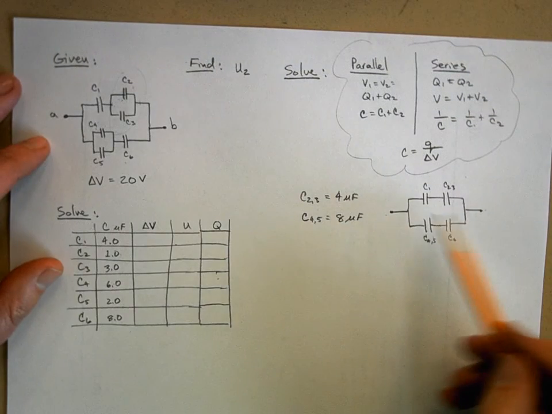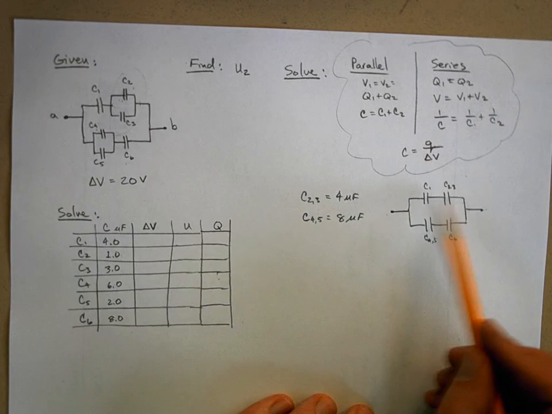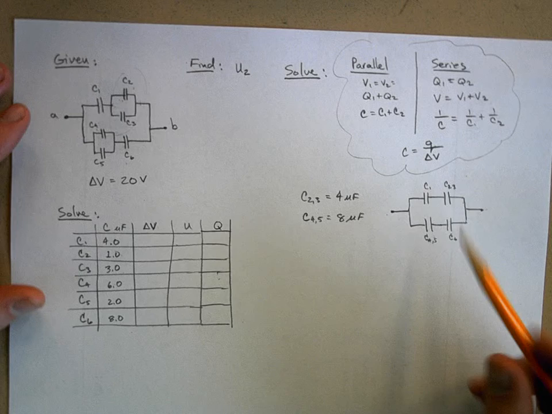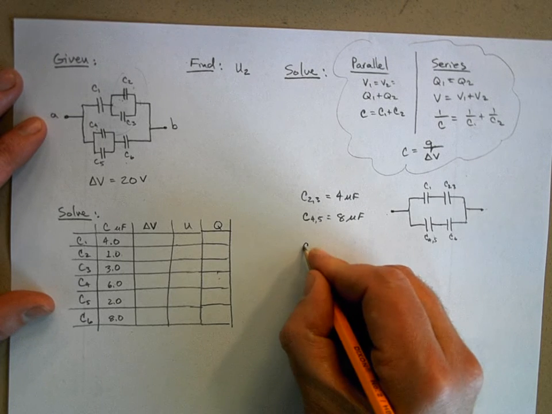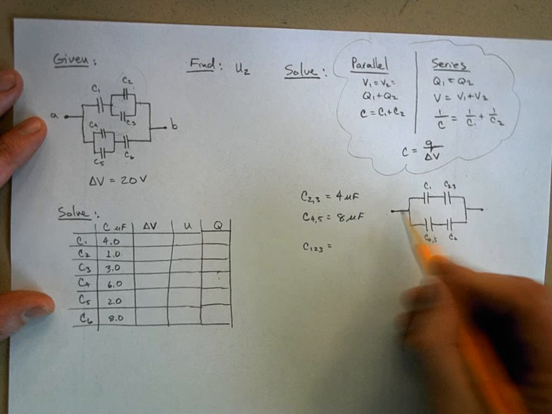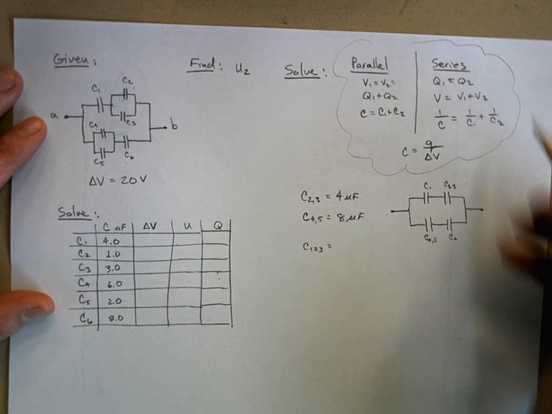Now, what have I got here? I've got capacitors in series. So now I'm going to combine these. C1,2,3 is going to be equal to, well, these are in series, so to get the equivalent capacitance, I'm going to use this one.